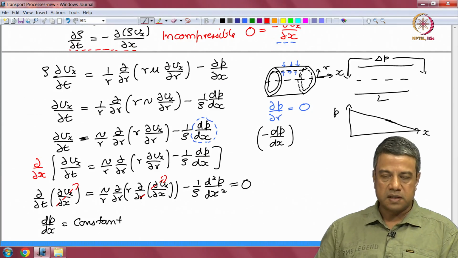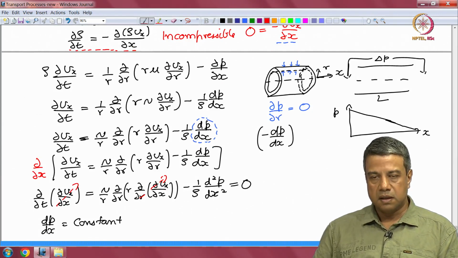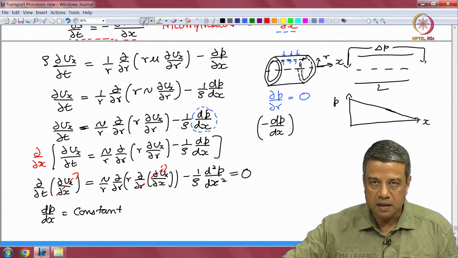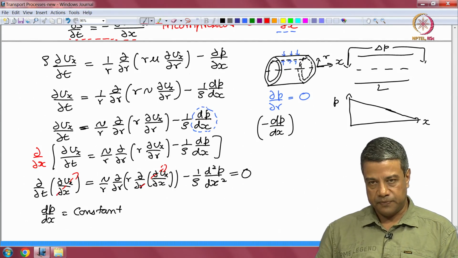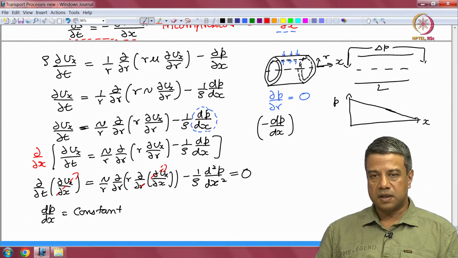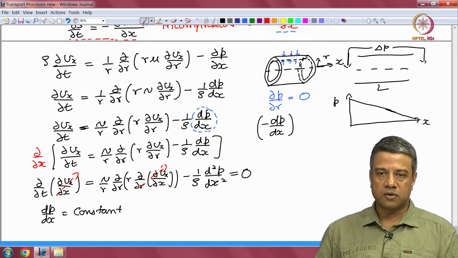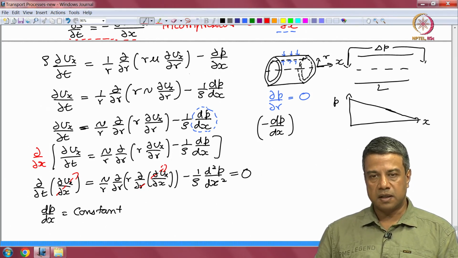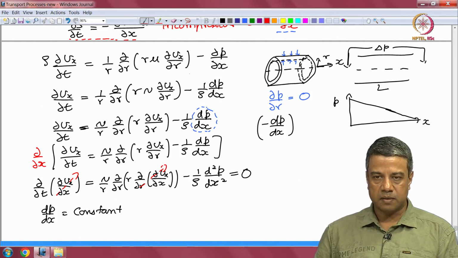Second, the pressure is only a function of x. The reason is that if I were to write an equation for the r momentum, the momentum equation in the radial direction, I would get terms proportional to the velocity in the radial direction for the r momentum in and r momentum out.